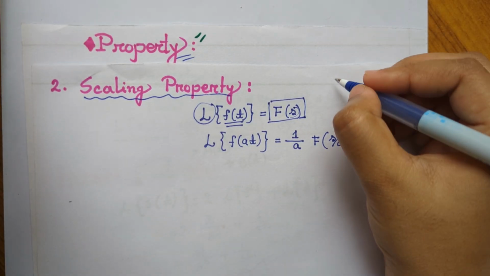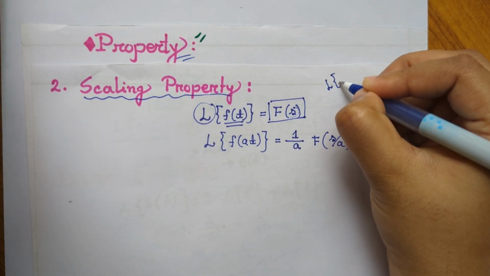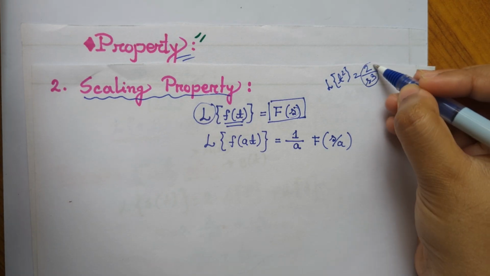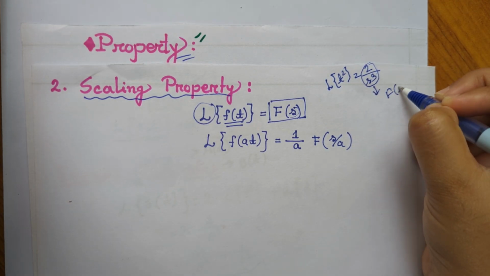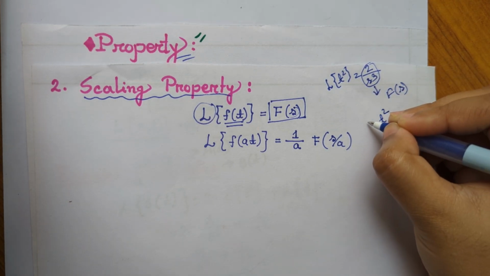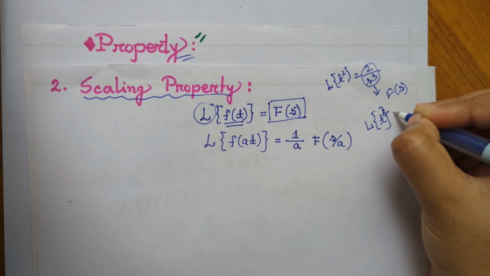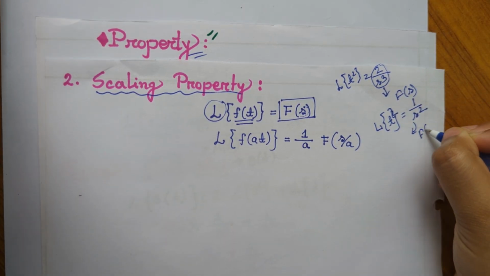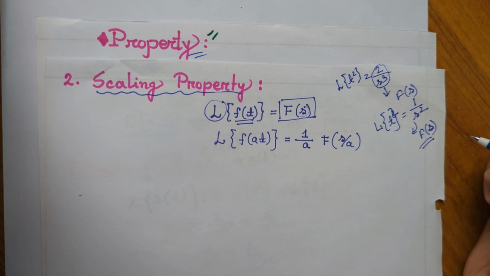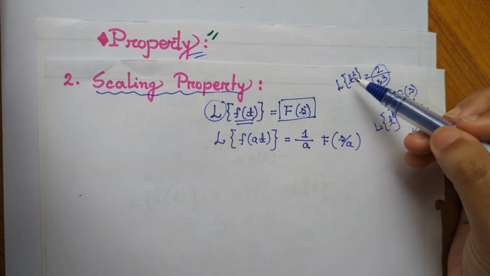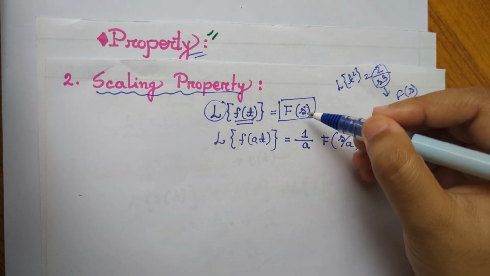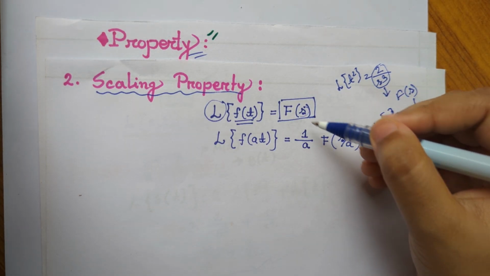As you can see, after doing the Laplace transform of t square, we get 2 divided by s cube, which is a function of s, and if we do the Laplace transform of t, we get 1 divided by s square, which is also a function of s. So after doing the Laplace transform of any function, we will get the result as a function of s.